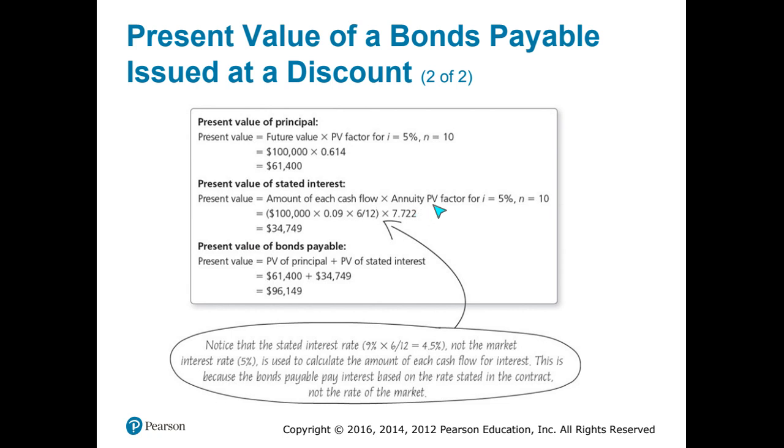We looked and found that the annuity factor is 7.722. So we take the 100,000 times the 9% times 6/12 because it's semi-annual, and then multiply that by our annuity factor of 7.722, and that gives us 34,749.